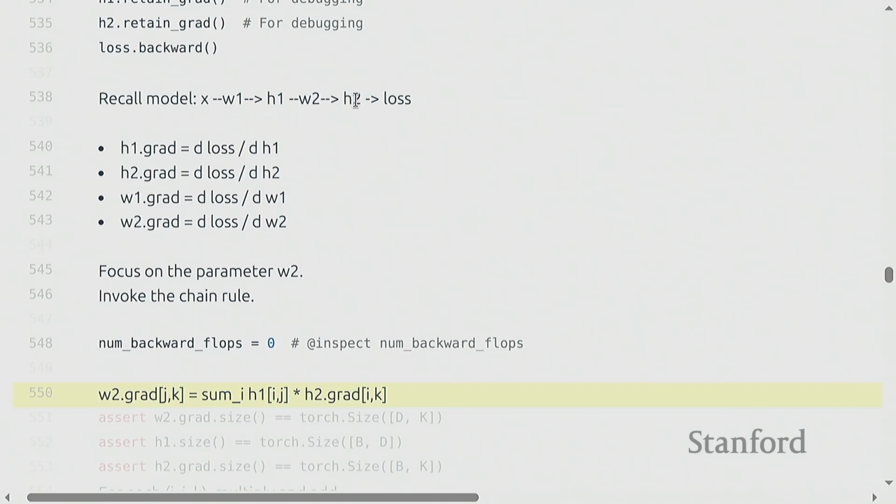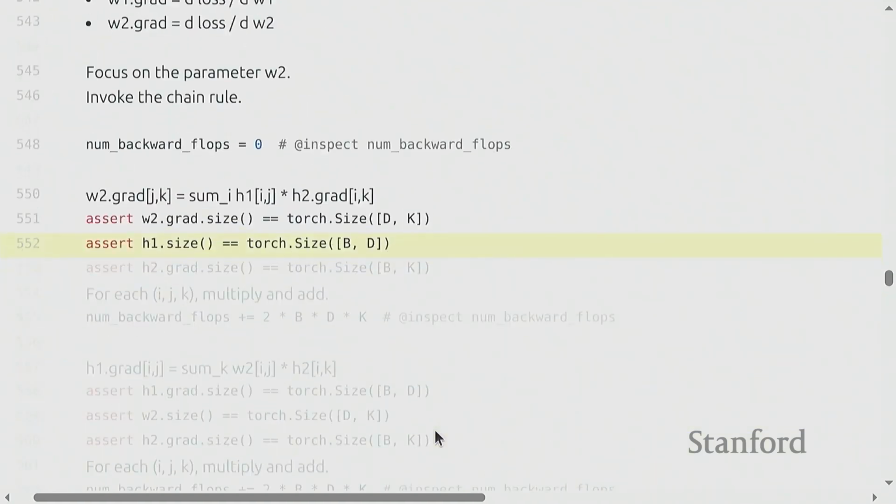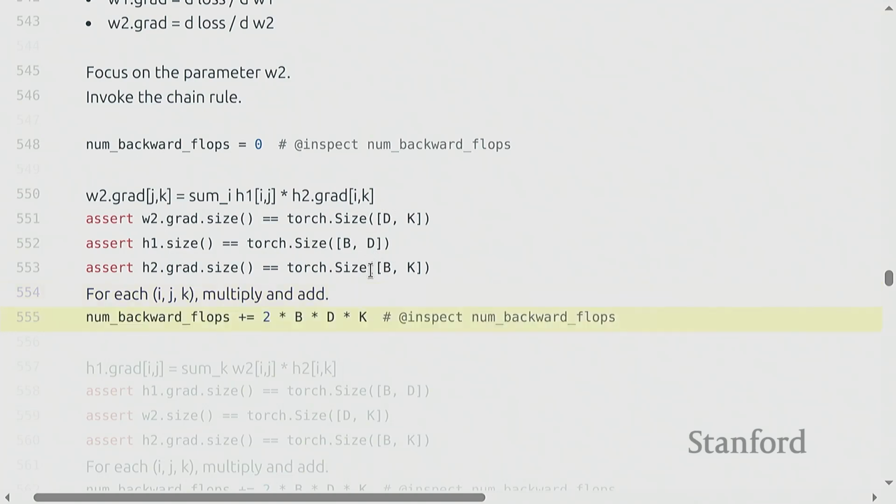That's just the chain rule for W2, and all the gradients are the same size as the underlying vectors. This looks essentially like a matrix multiplication, so the same calculus holds: it's 2 times the product of all the dimensions, b times d times k.